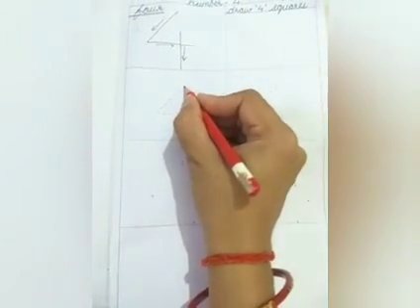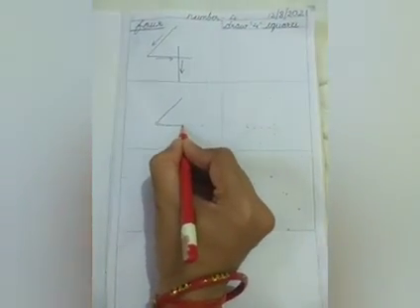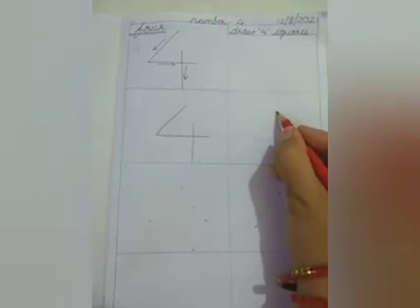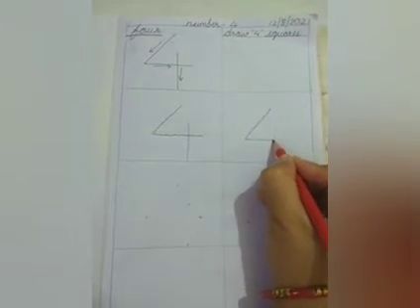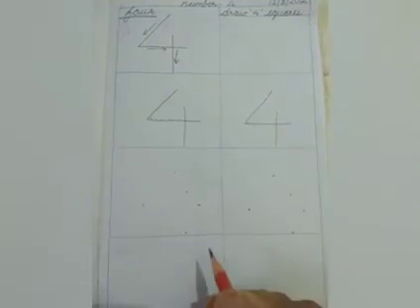So let's do it. Let's trace here. Slant line down, sleeping line, and straight line.